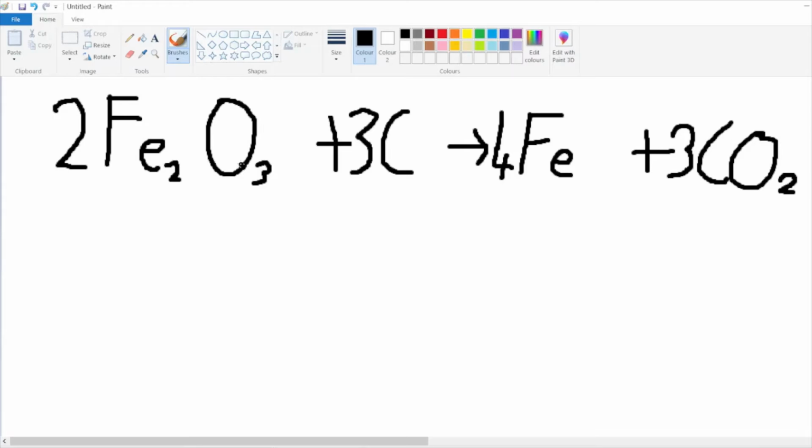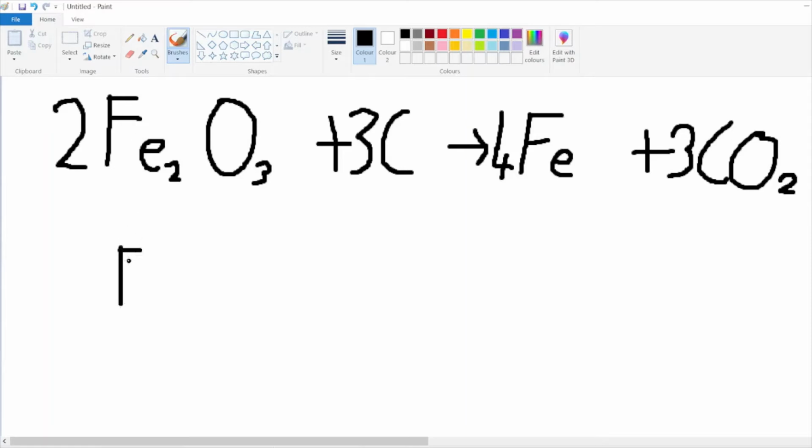Because if we need 3 oxygens for the empirical formula, then that's 6 gaps for electrons, isn't it? And how can 2 iron atoms fill 6 electron gaps? Well, with 3 electrons in each gap, because 3 times 2 is 6. So from this we know that we're dealing with iron(III) oxide.